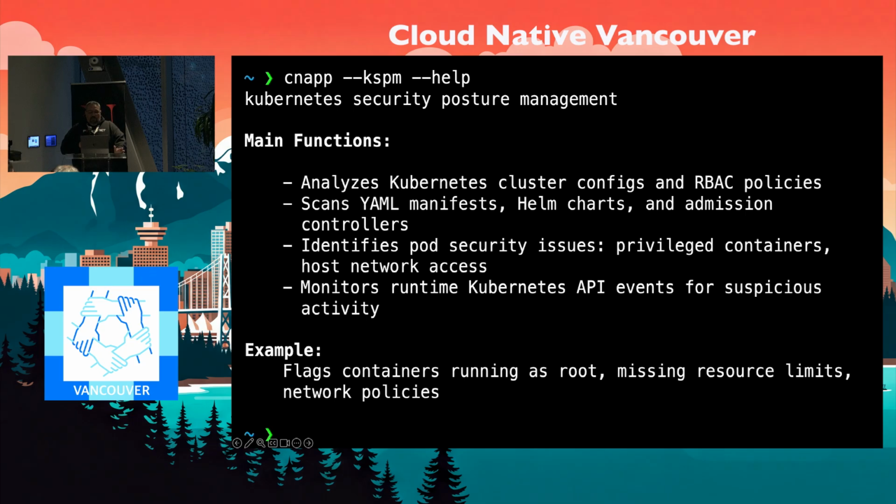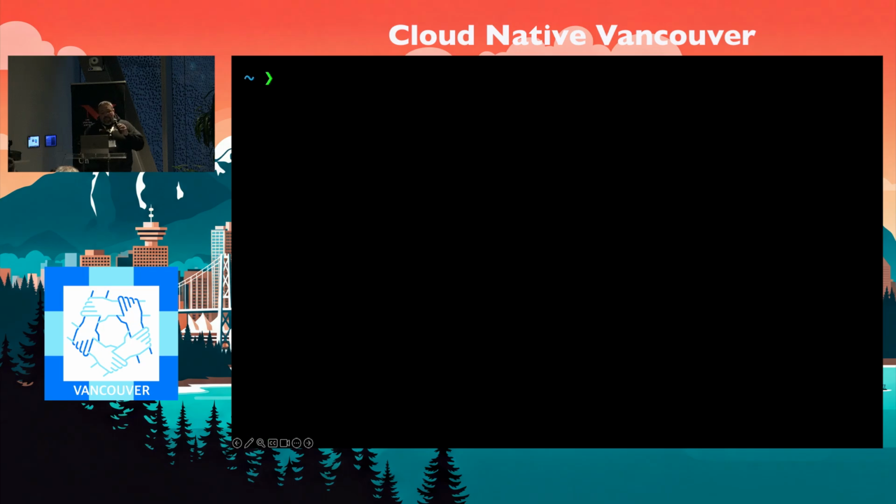For example, what you can see using KSPM would be flagging containers that are running as root, right? Or missing resource limits in your YAML, or network policies that open access so any pod can talk to any pod inside of your Kubernetes environment. So that's another tool that's part of the CNAPP as well, right?